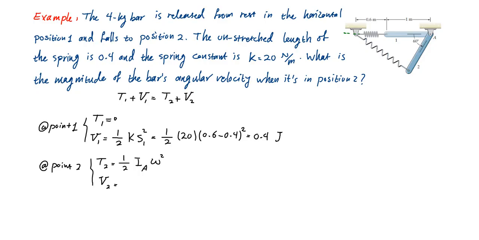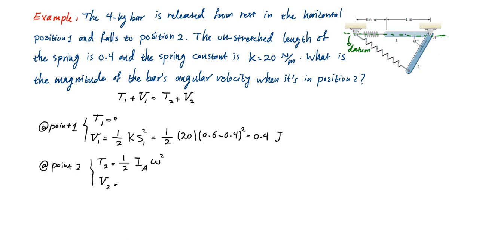So this is my datum because I said the work done by gravity at point 1 is 0. This is the datum, where I consider 0 potential.